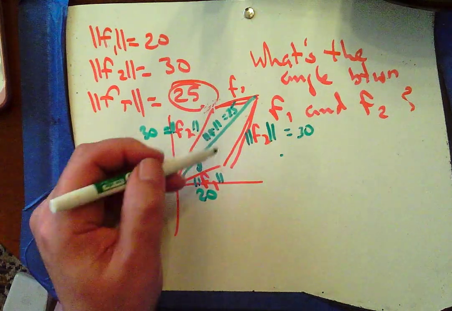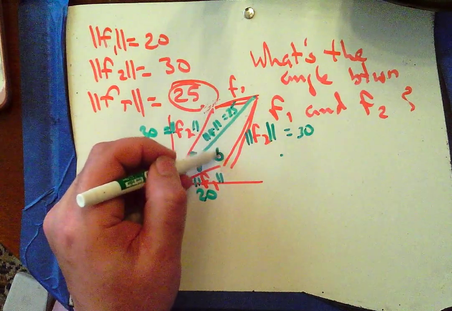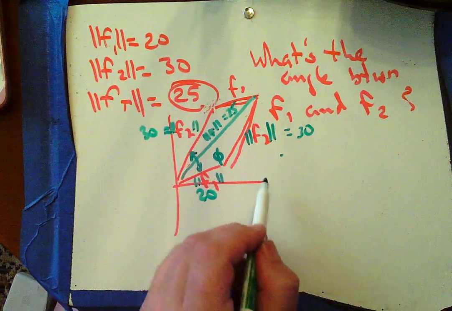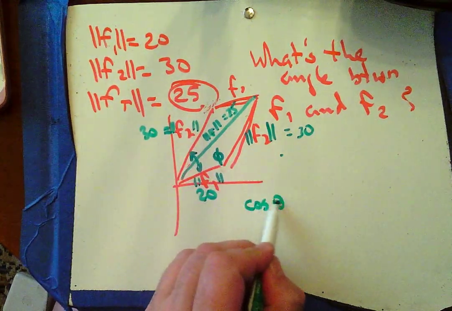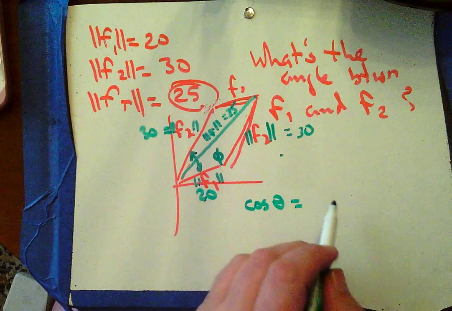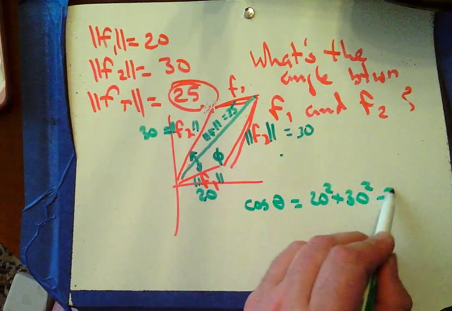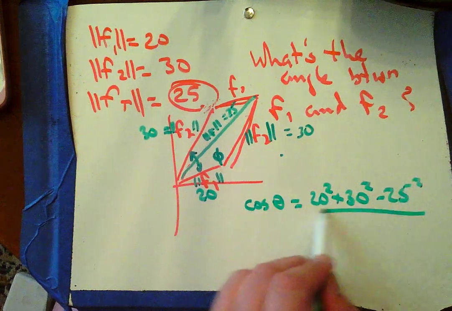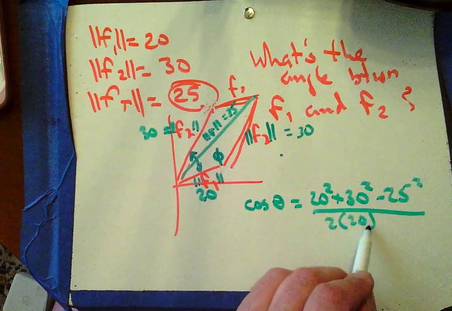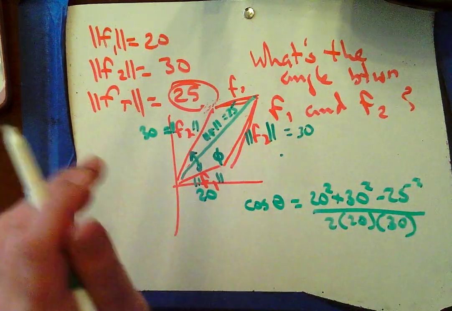So instead, I'm going to find phi, and I'm going to say, okay, cosine phi equals 20 squared plus 30 squared minus 25 squared over 2 times 20 times 30.